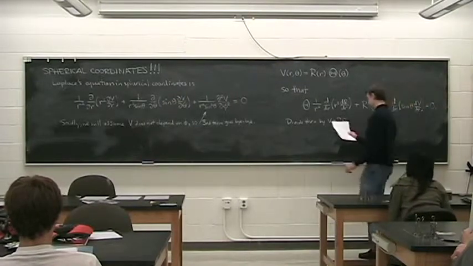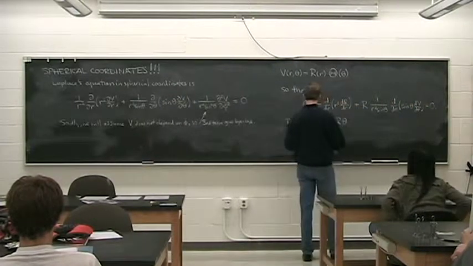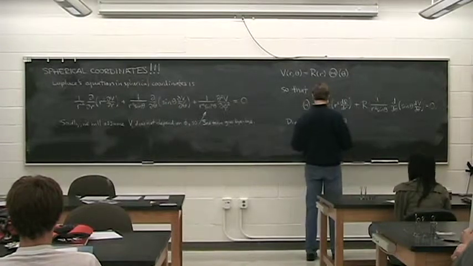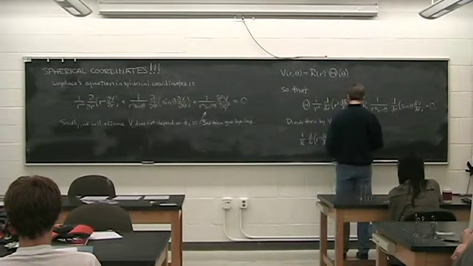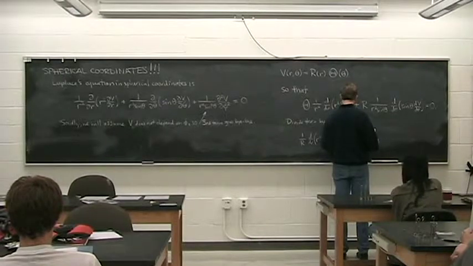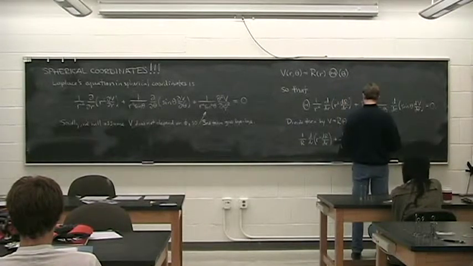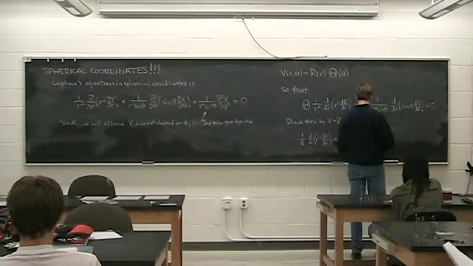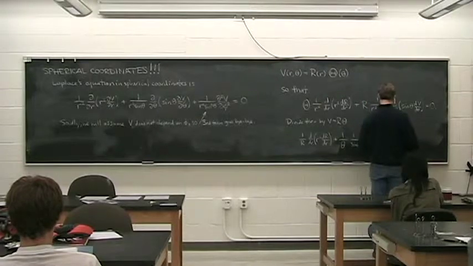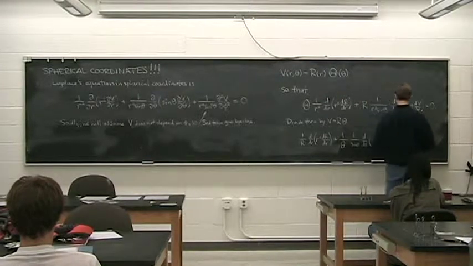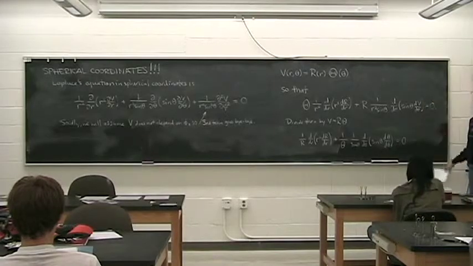And what we'll get is 1 over big R times d dr of r squared dR dr, plus 1 over big theta, 1 over sine theta, d d theta of sine theta d big theta d theta, is equal to 0, where we've also multiplied through by little r squared.